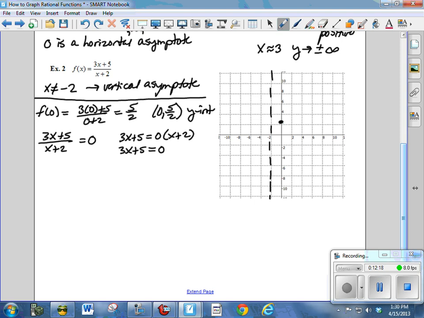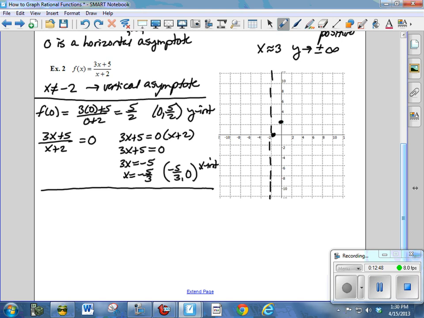If the numerator equals 0, then I have an x-intercept. So I'm just going to solve this. 3x is equal to negative 5. x is equal to negative 5/3. So I have the point (-5/3, 0). There is my x-intercept. Negative 5/3 is just a little bit bigger than negative 6/3, so it's just to the right of the vertical asymptote.